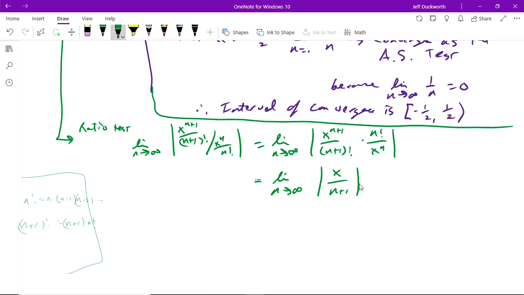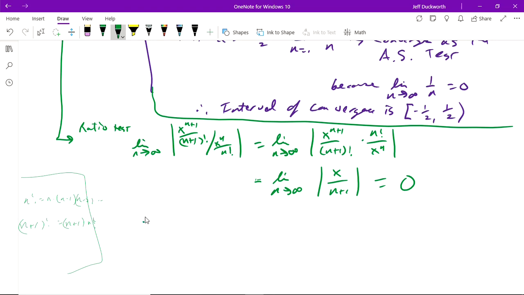So what does this limit equal as n gets infinitely large? This just equals 0. We don't worry about the x; n is the only thing changing here. As n gets bigger and bigger, we're getting a larger value in the denominator, which means this equals 0.